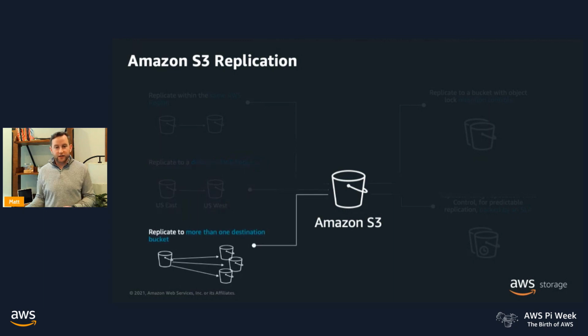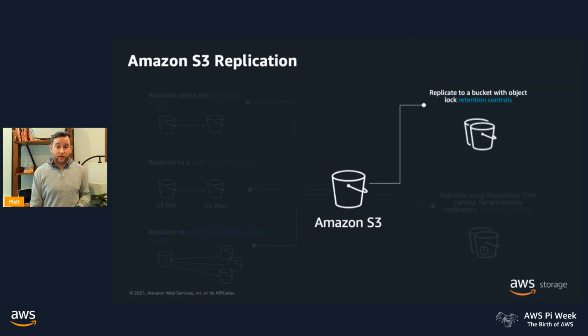You can replicate your data from a single source bucket to multiple destinations. For example, if you have a content distribution where you upload data in a single region and that automatically gets distributed to multiple regions around the globe. Or you can replicate data to different AWS accounts or between different buckets with different Object Lock retention controls.